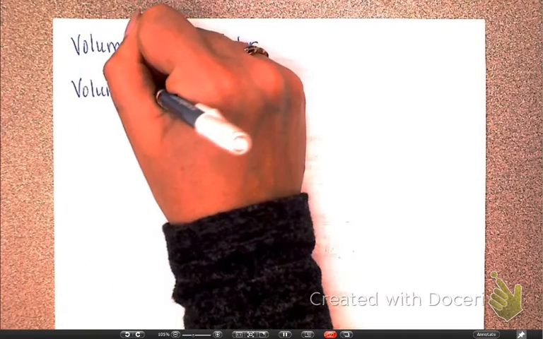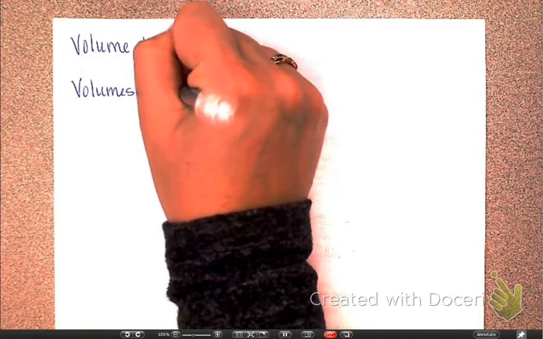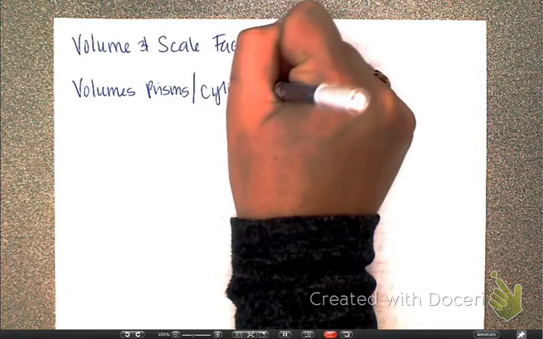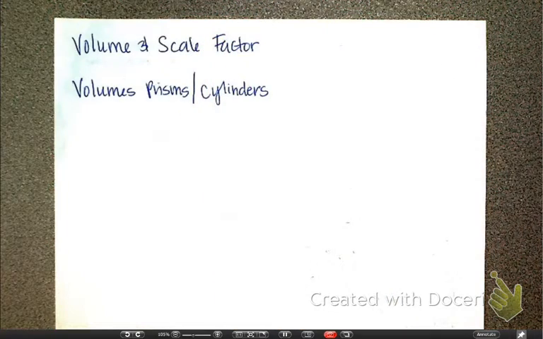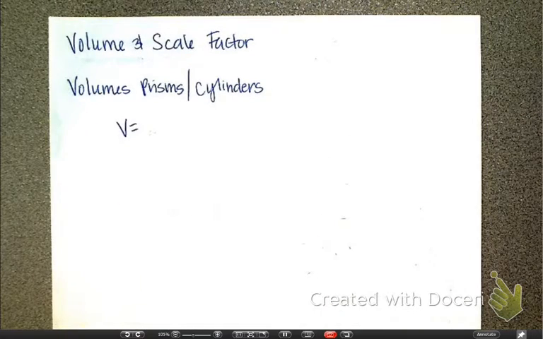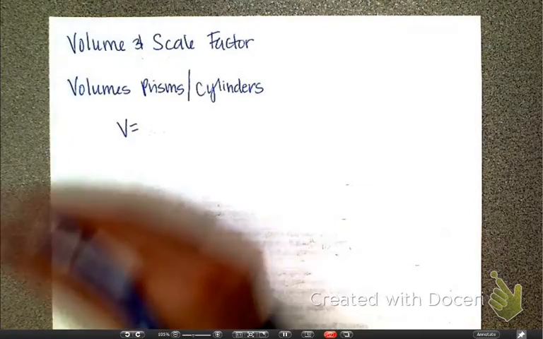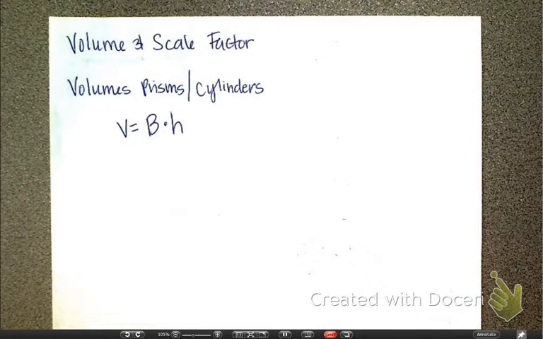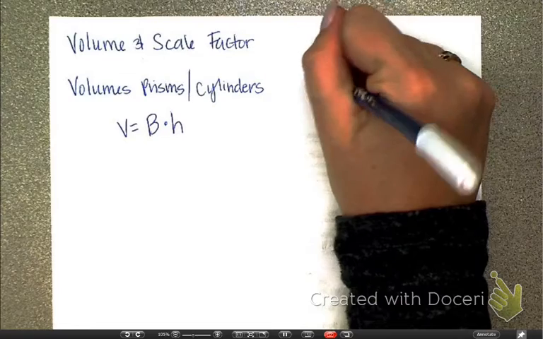So volumes of prisms and cylinders. Who remembers the general formula for volume of prisms and cylinders? Base area times the height. Now, we have multiple bases that we're using. What's one shape a base could be?